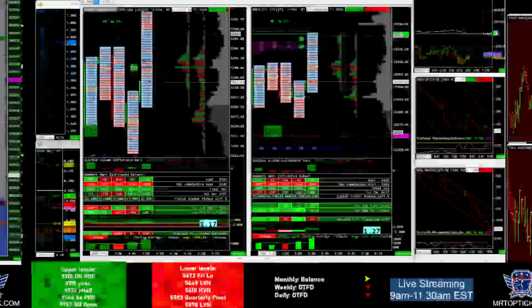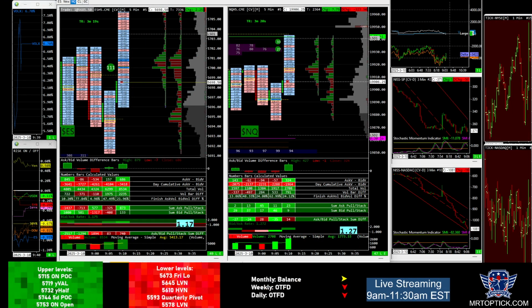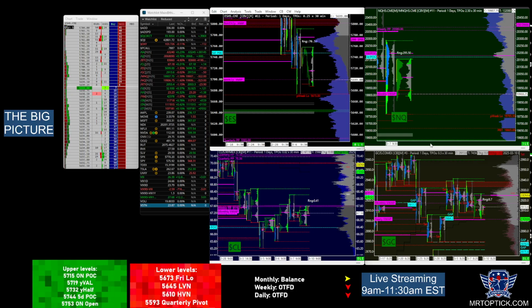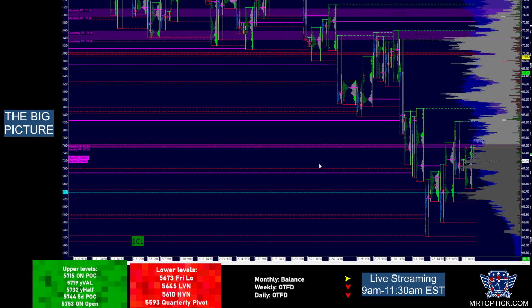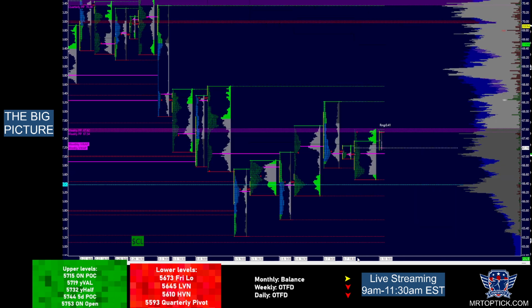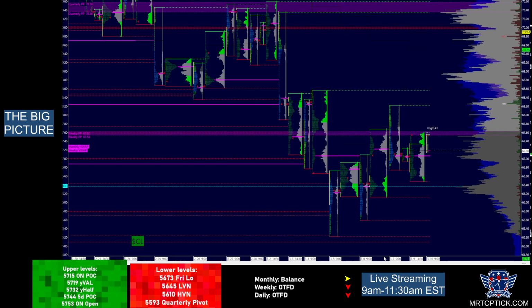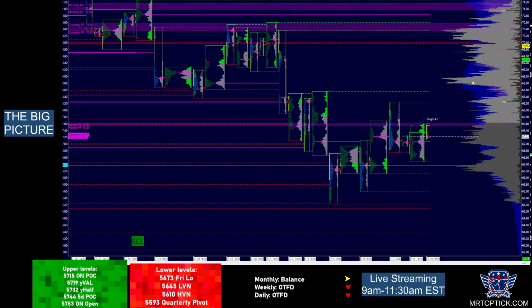Okay, what else? Crude. So crude found a little bit of support here and then started moving higher. So now I think that we're gonna start putting a few days of balance.